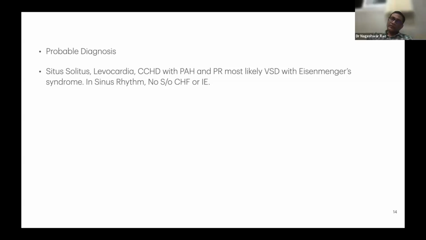Very good. Actually, what about the presence of RV S3? If there is an S3, RV S3, what does it suggest? Which condition will have it more commonly? RV S3 is suggestive of RV volume overload, RV dysfunction, and more RV volume will persist in ASD.